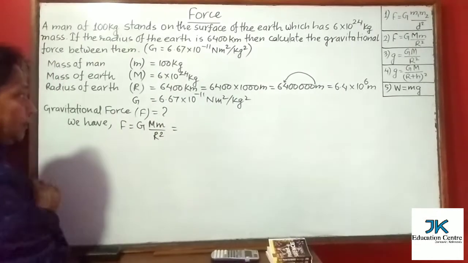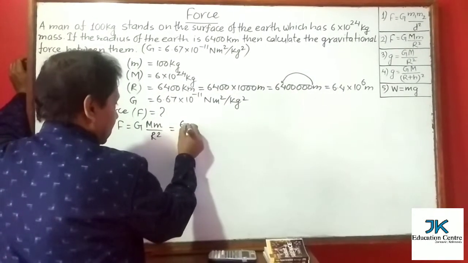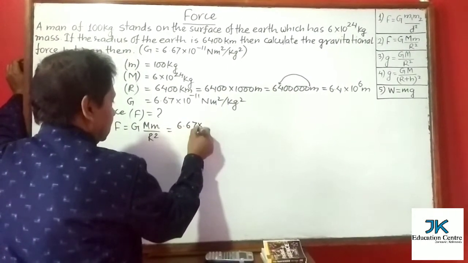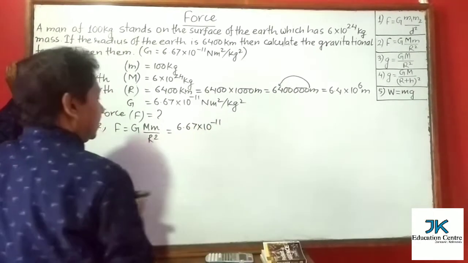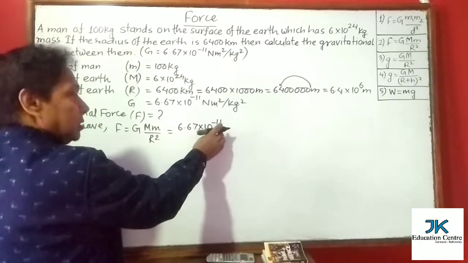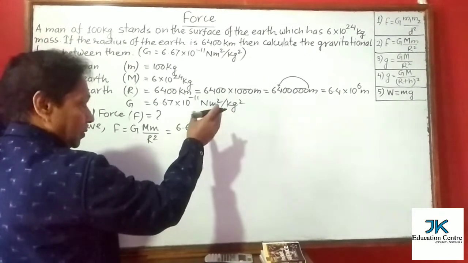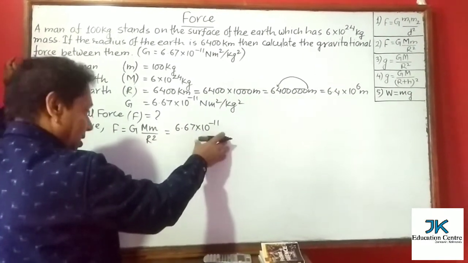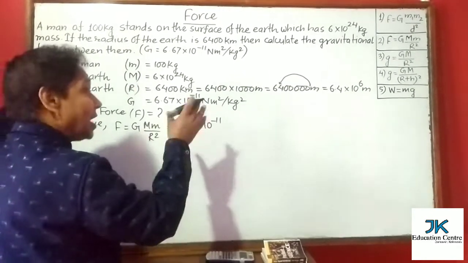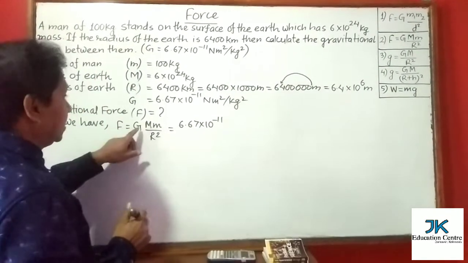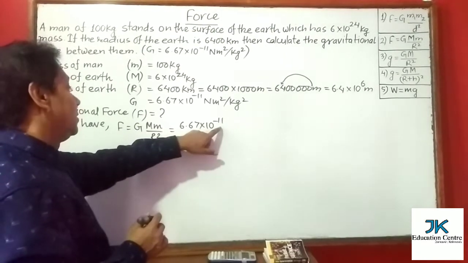This is equal to G. The value of G is 6.67 into 10 to the power minus 11. If you want to write units, you can, but without writing the unit we can solve the numerical problem. But when the answer comes, at that time we have to write the unit.